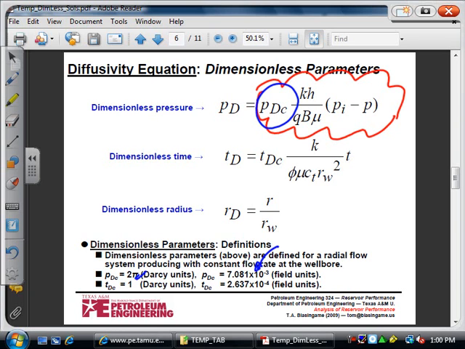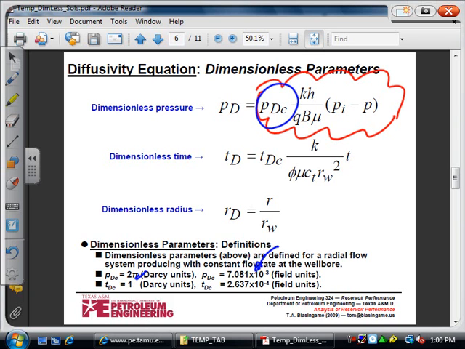But we don't always have the constant flow rate at the wellbore. What can we have then? Okay, the question is, we don't have constant flow rate all the time at the wellbore. What are the other boundary conditions? You can keep the pressure constant at the wellbore, right? So you define another boundary condition then, okay?